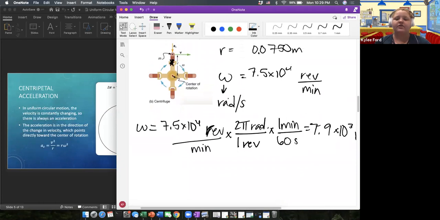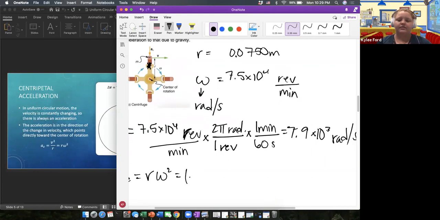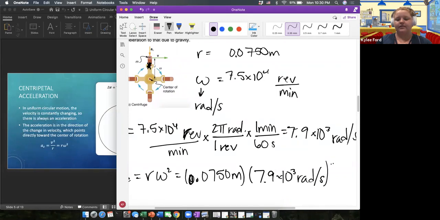So now we have r and we have omega. We want to know our acceleration. So my acceleration is going to be r times omega squared. I plug in my r, that's 0.075 meters, times the 7.9 times 10 to the third radians per second, squared.